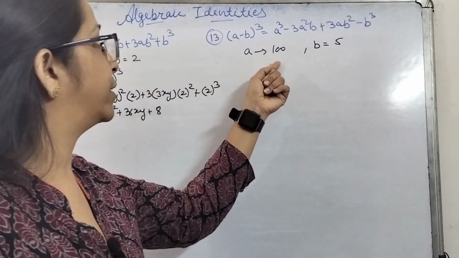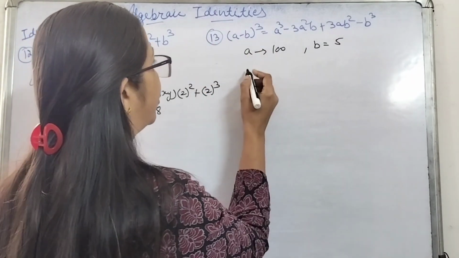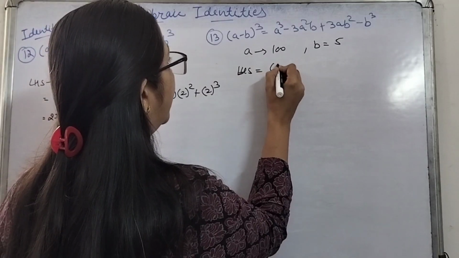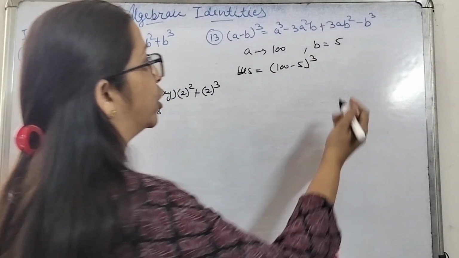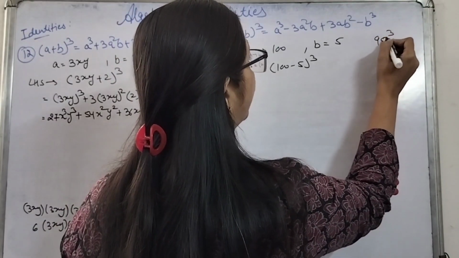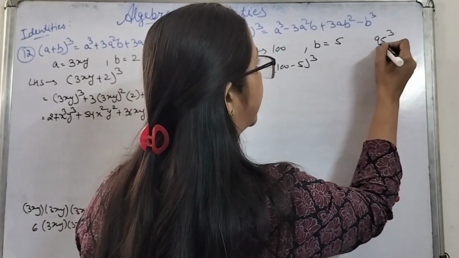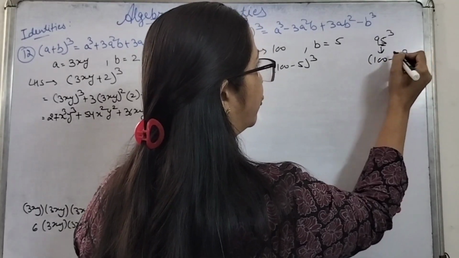If a is your 100 and b is your 5, then what will (a minus b) whole cube be? The LHS part will be (100 minus 5) whole cube. That means if your 95 whole cube is given to you and we have to find its value, 95 could be written as 100 minus 5, and we have to find the cube.